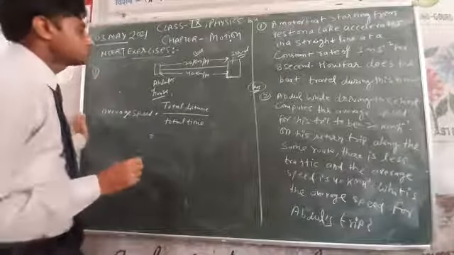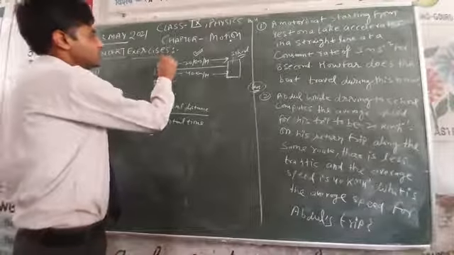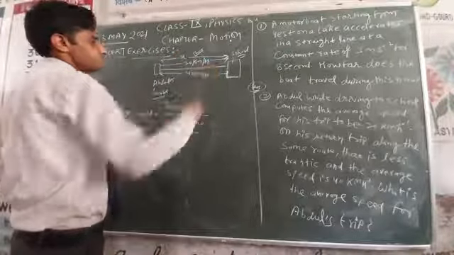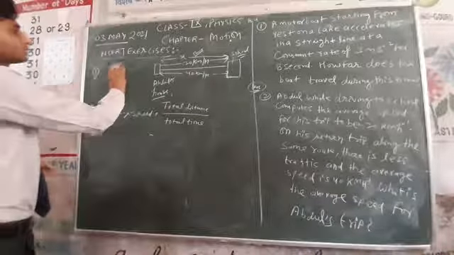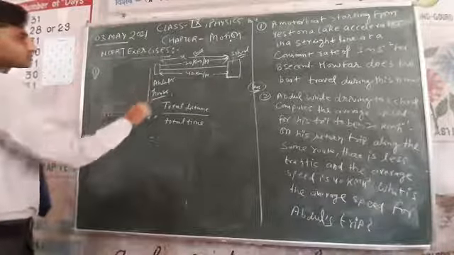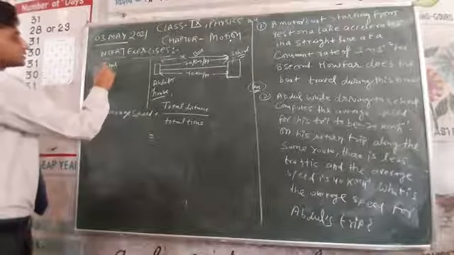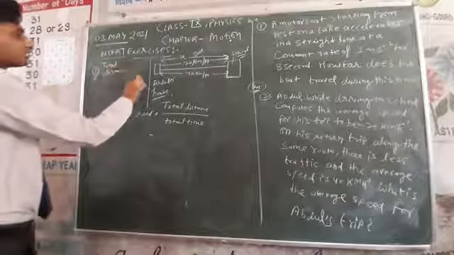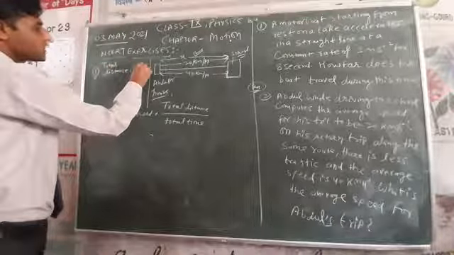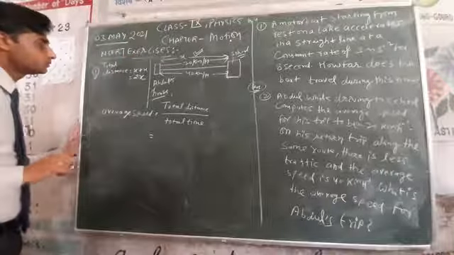Let the distance between Abdul's house and school be x. So total distance is x plus x, which means 2x.